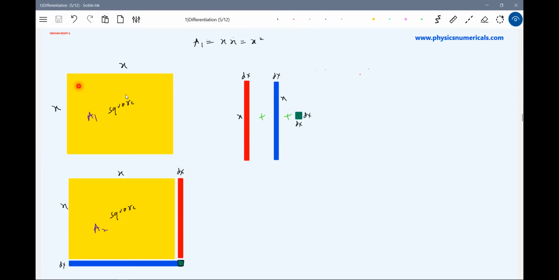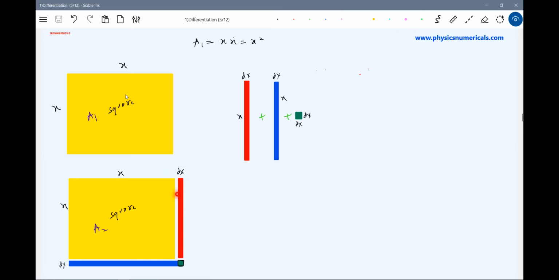Okay, I have some square plate. What is the area of that? Length into breadth. Okay, there's a length, there's a breadth. So x into x, x squared, that's the area. Then I'll change the side length by a small infinitesimal length here by dx. This is also dx. Are you able to notice this?